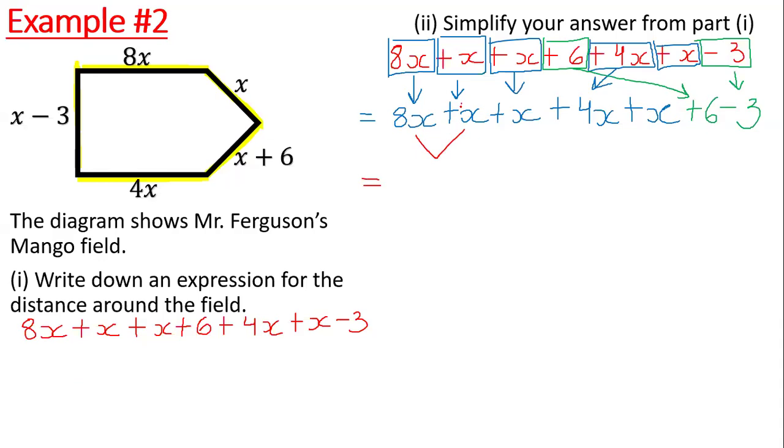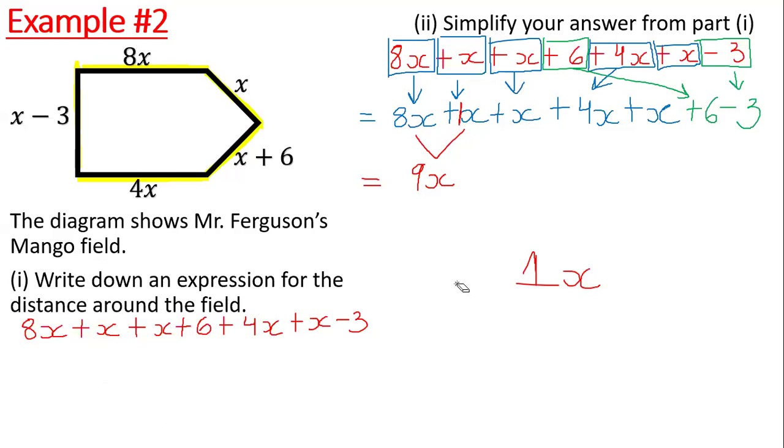The coefficient of x is 1. 8x plus 1x is what? 9x. Mr. Petit, you have a question? What does coefficient mean? Coefficient means the number in front of the variable. So the number in front of x is 1. Okay, thank you.